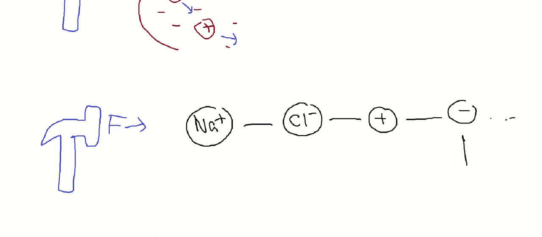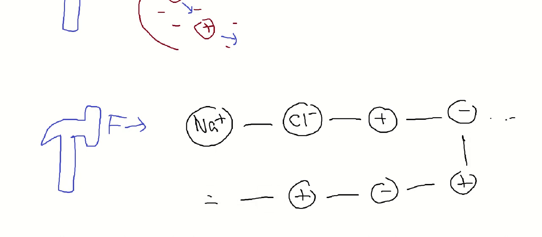This is a 2D drawing, but imagine this is a three-dimensional crystal lattice, and they're going in all directions. But they're really locked into place, and they don't have a sea of electrons. Now, if you apply a force, this guy, which is positive, is going to end up here, which is negative, so this thing is going to be positive.